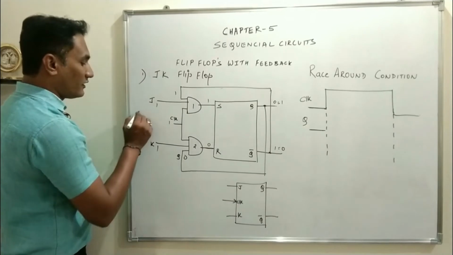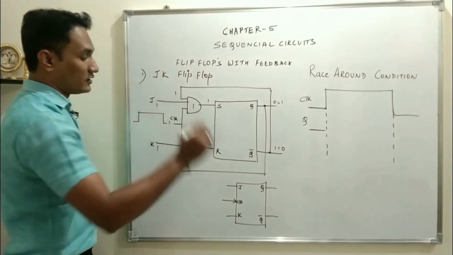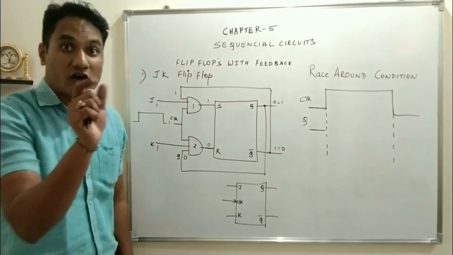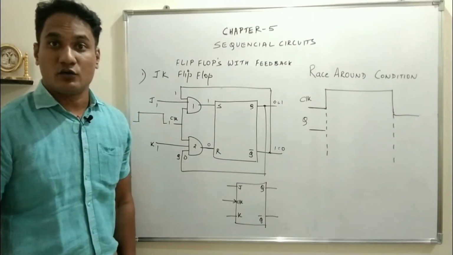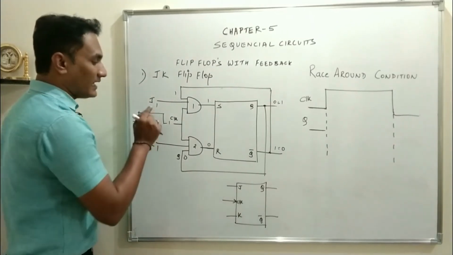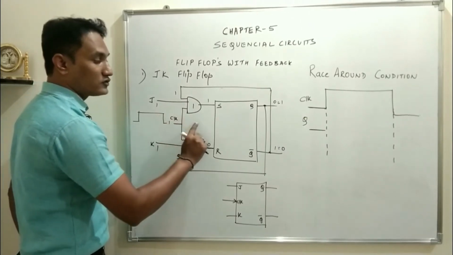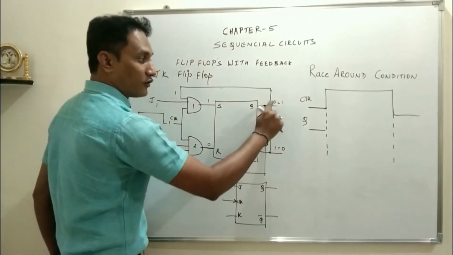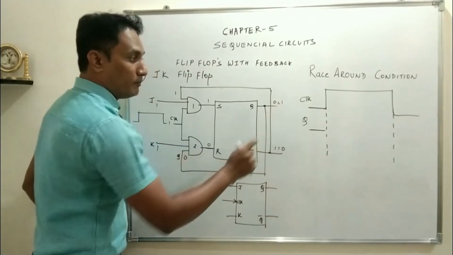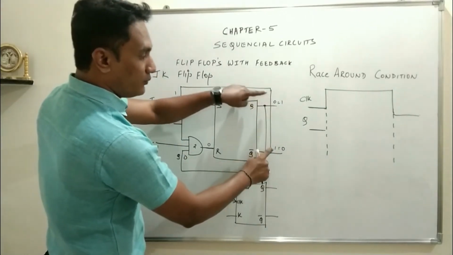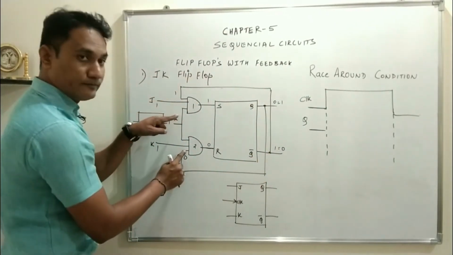But if the clock remains high for a longer duration of time, see what happens. As soon as you give J and K 1 and clock becomes 1, of course the output Q will toggle from 0 to 1. But as soon as it toggles, the output is connected back to the input.